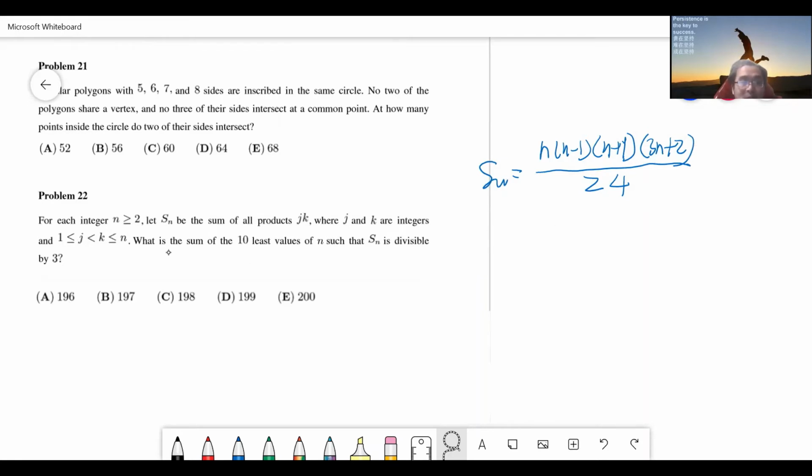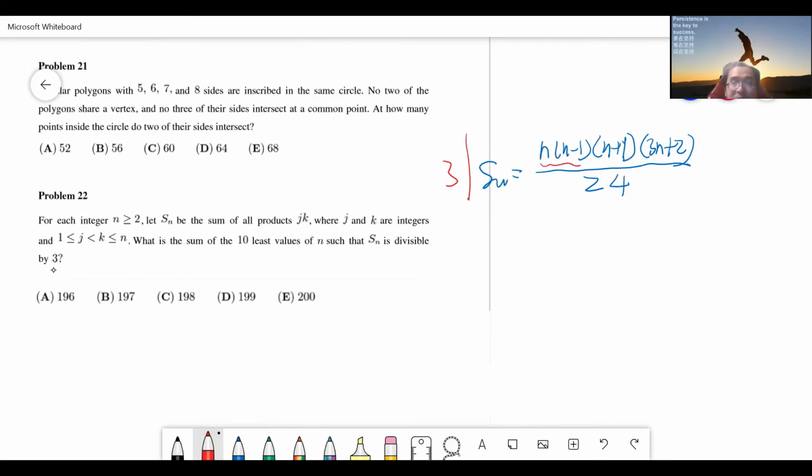The question is, what is the sum of the 10 least values of n such that Sn is divisible by 3? So we want Sn divisible by 3, and to find at least 10 values and sum them. So 3 divides this, right? So we can see here.